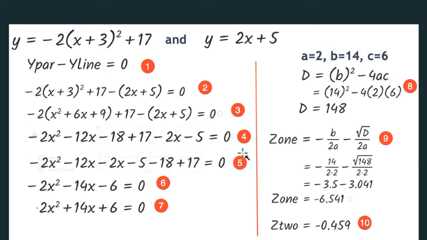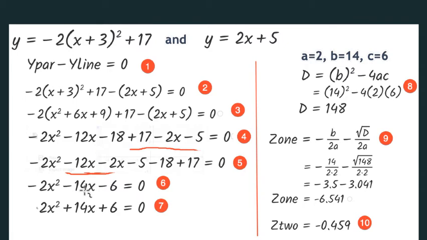Line 5, what I've done is collected all the like terms. I put like terms together. So I take this -2x and I move it over here beside the -12x. So -12x minus 2x can be combined. And then all of this can be combined right here: the -5, minus 18, plus 17.